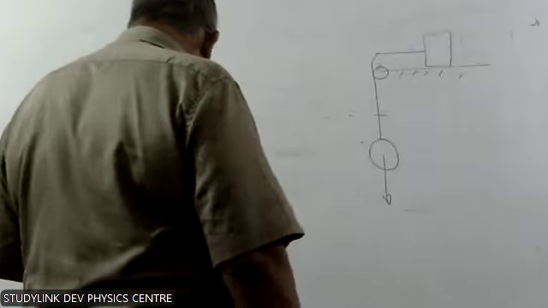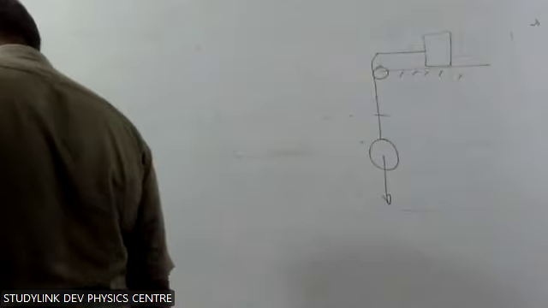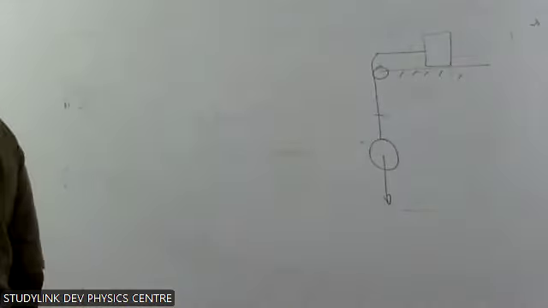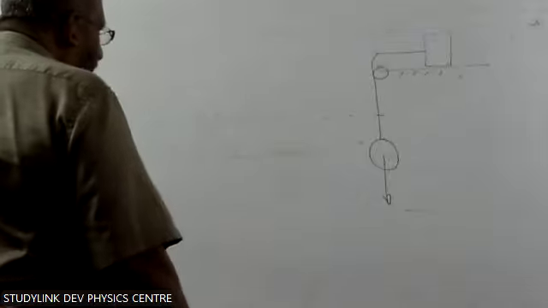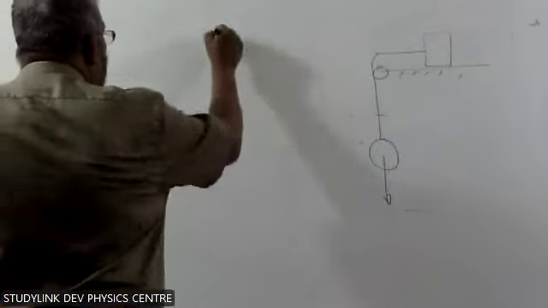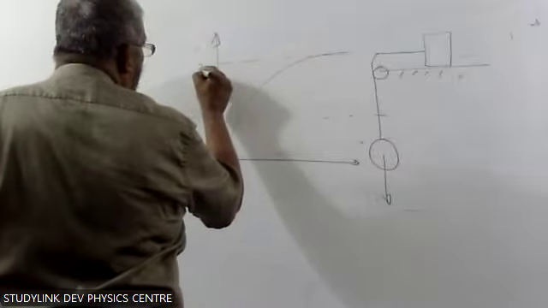So then here you can calculate the values. The calculation is not needed because we know the sketch, no? For the sketch, we can say the first one is this, and mark terminal velocity 3 ms minus 1.